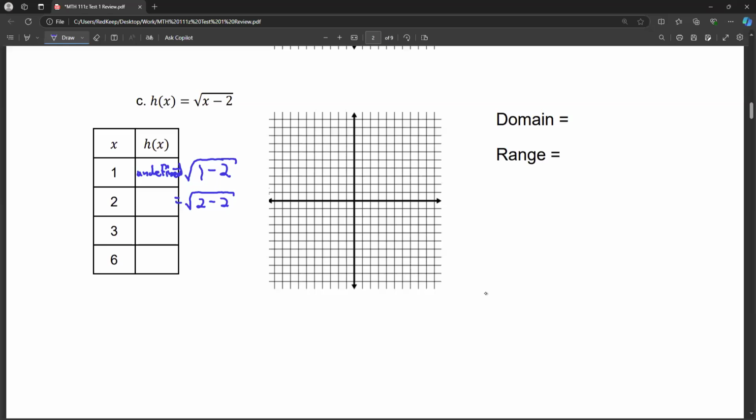And the square root of 0 is actually equal to 0, because 0 times 0 is equal to 0. All right, so moving on to x equaling 3, we have 3 minus 2 underneath the square root. And 3 minus 2 is equal to 1. The square root of 1 is equal to 1.